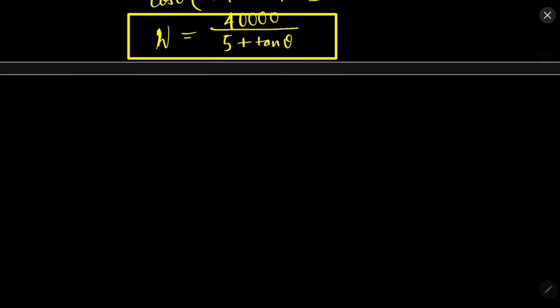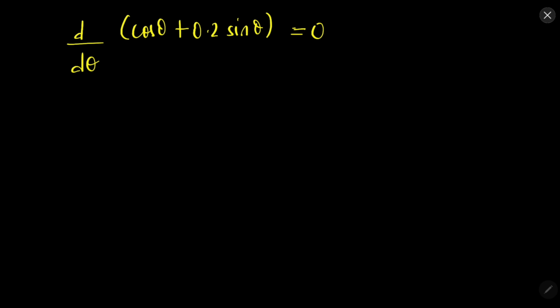Now we need to find the work done in the situation when the magnitude of the force that we apply needs to be minimum. Whenever minimum or maximum is asked, we need to do differentiation. So d by d theta of the force has to be differentiated and equal to 0.